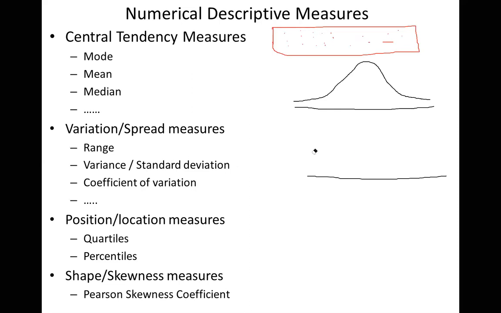So we can add another one. That is skewed to the right, we have the tail to the right. And then the last case we have is skewed to the left. Okay, so we have skewed to the left data.